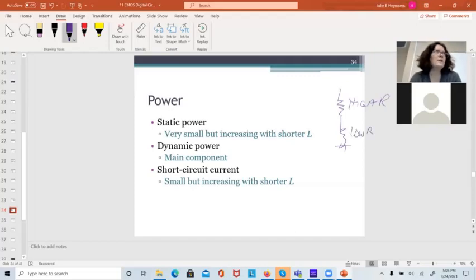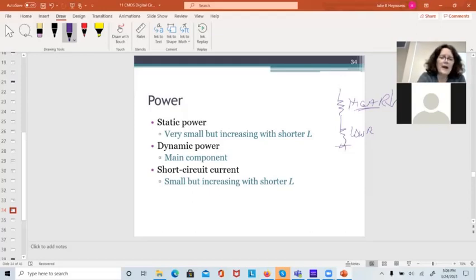And this is always a high resistance to ground. So I'm generating almost 0 power. I mean, it's getting bigger because with the smaller L devices, I get more leakage current, which means that this high R is going down. So I'm getting more current between VDD and ground.